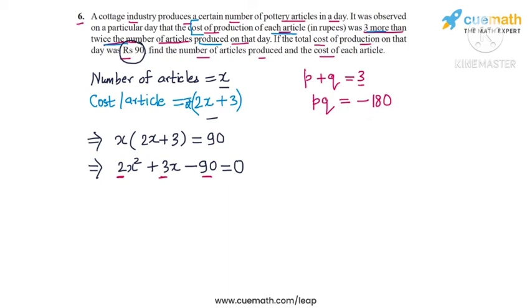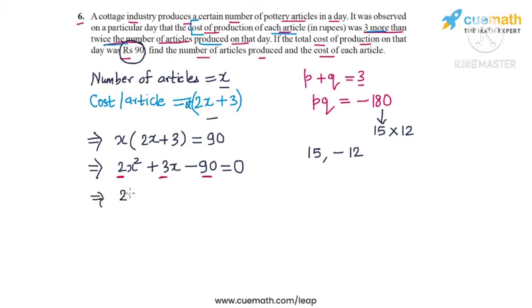To figure those numbers out, you'll have to think about the factors of 180 which differ by 3, and you can note that 180 is 15 times 12. So the two numbers whose sum is 3 and product is minus 180 are actually 15 and minus 12. Their sum is 3 and their product is minus 180.